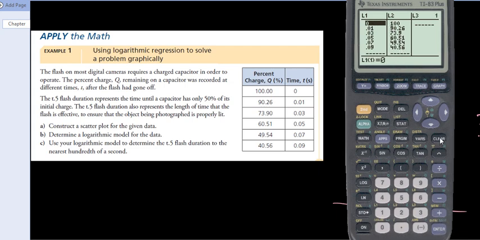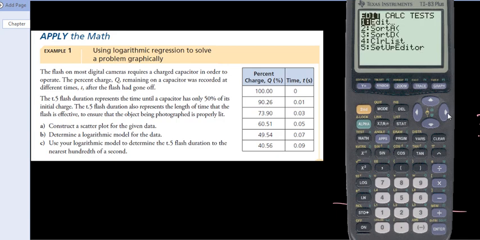So let's clear that. Maybe I have to just delete it. And let's go over here and delete that, 0 to 100. That's not really important. So let's go back to calculate, exponential, nope, logarithm. And okay, I'm going to have to clear this.